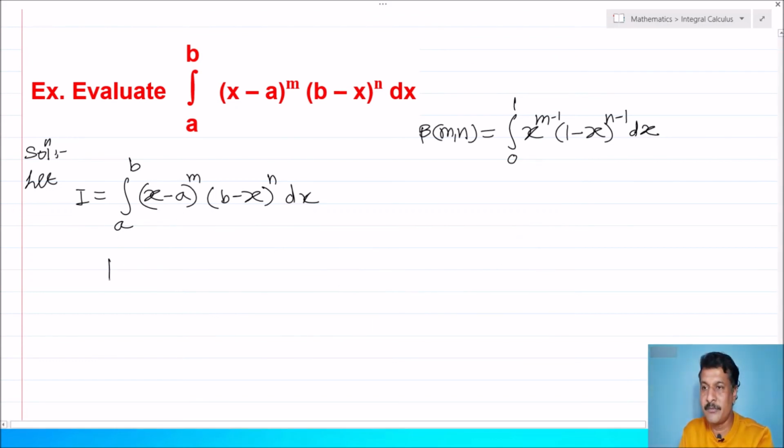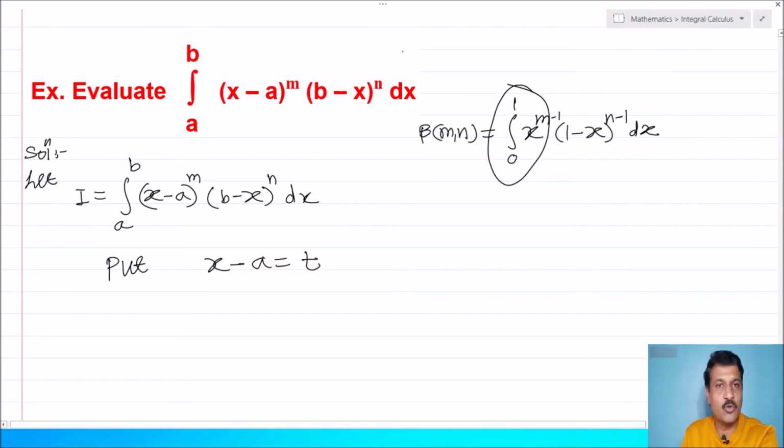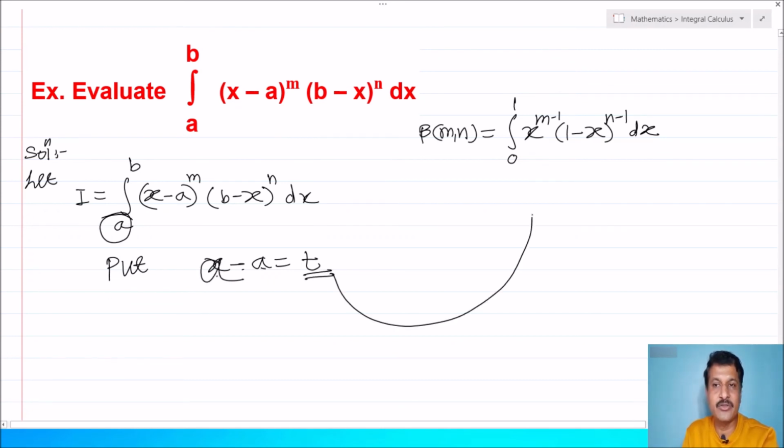So put x minus a equal to t. But due to this substitution, I should get 0 to 1. If yes, then it is correct. Otherwise, some modification is required. So let's see. When we put lower limit x equal to a, a minus a, I am getting t equal to 0. So it is fulfilled.